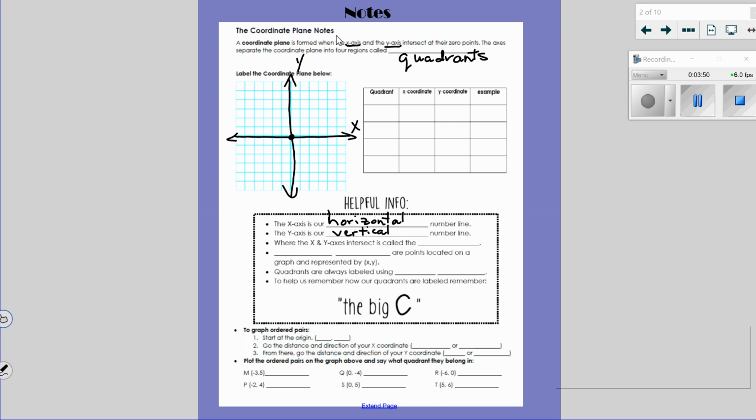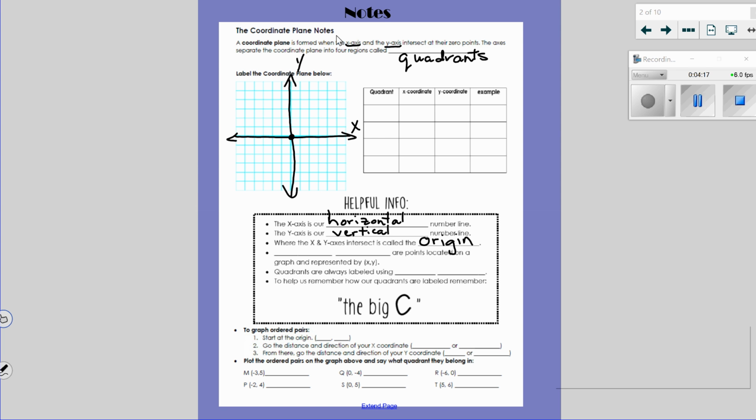No, vertical is up and down. Diagonal or slanted goes that way. Back to what I was saying. Where those 2 number lines intersect, that has a special name. It's called the origin. Why? Because everything in your coordinate plane originates from that spot. And we'll talk about it in a little bit as to why this is so important when we're plotting our points.